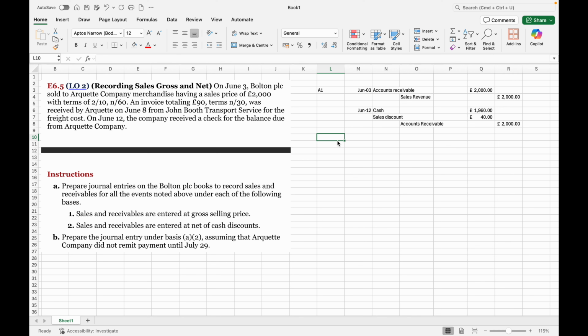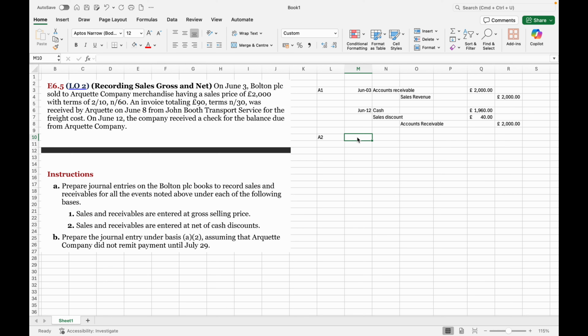Now to requirement A2. Sales and receivables are entered at net of cash discounts. The net of cash discounts method does a completely different thing from the gross selling price method.